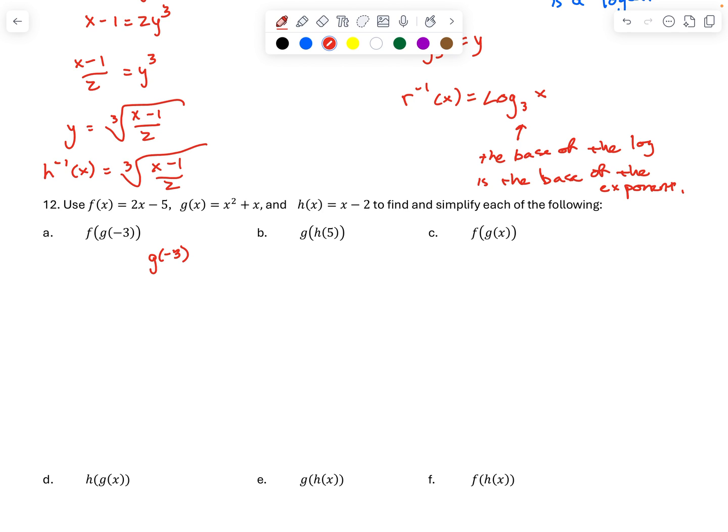We know how to do these, so I'm just going to do them wicked fast. Start from the inside out.